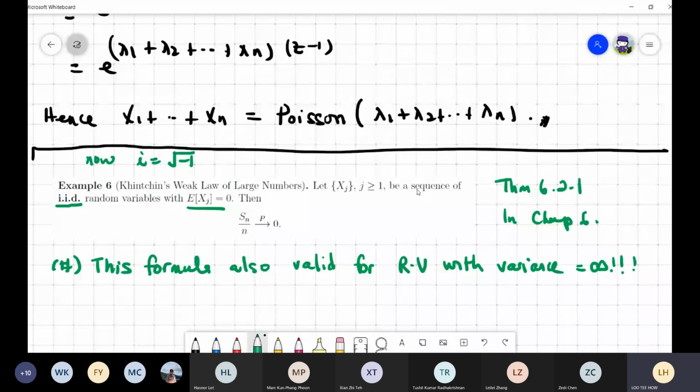In fact, the proof is independent of variance.